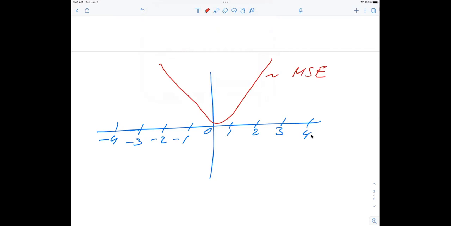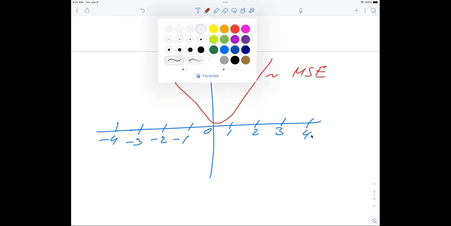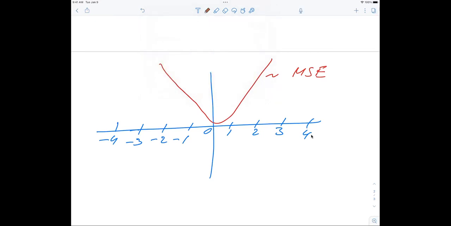But then what you would do is that this Huber function, or the absolute value, kicks in at a given value here. So you would have something like this. So this would be the Huber function which kicks in. So this is the absolute value.